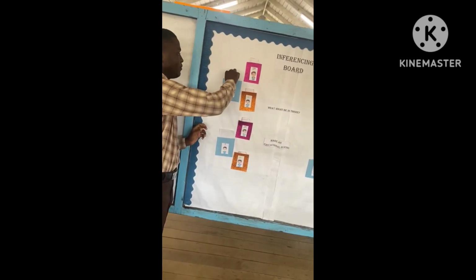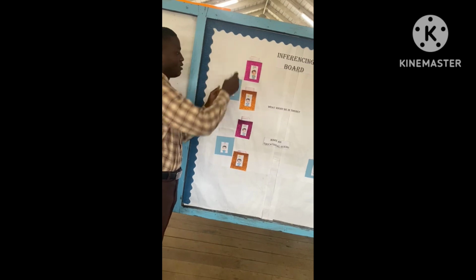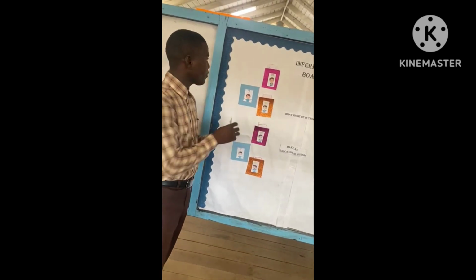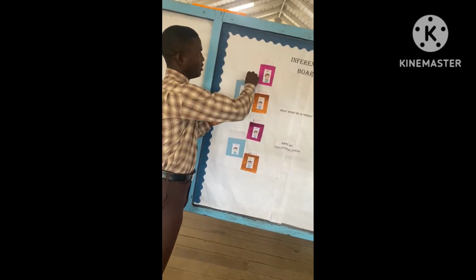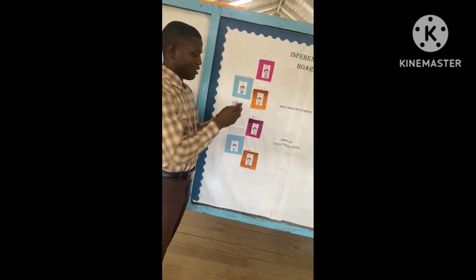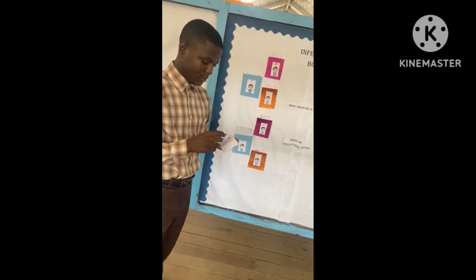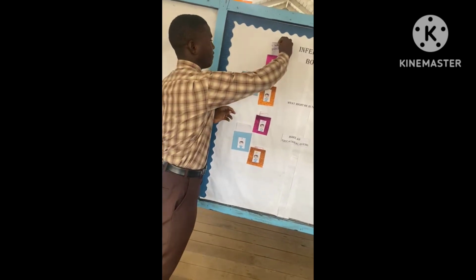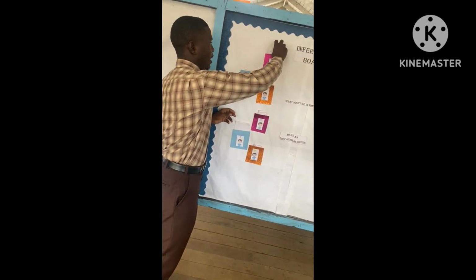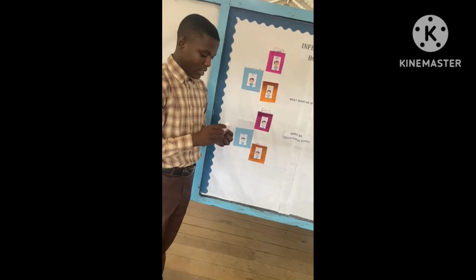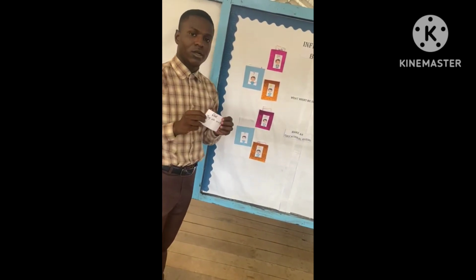For example, I have a picture here. I'll ask, how are the children feeling? Before I give an answer, I have a clue here. They are smiling.